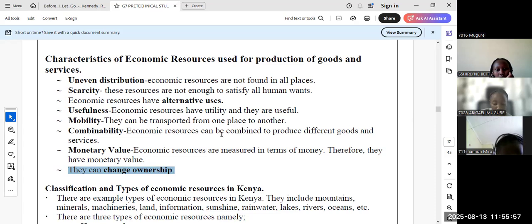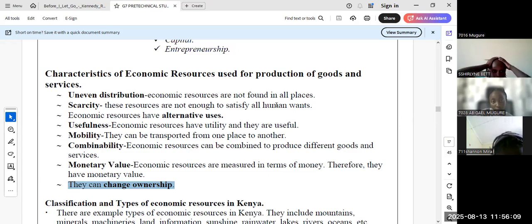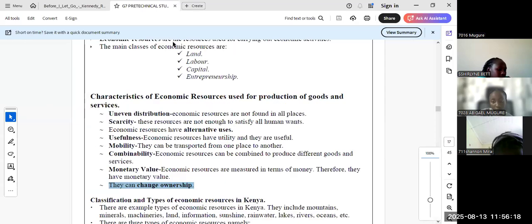Now, let's take 2 minutes to digest the characteristics of economic resources as used for production of goods and services. If you have any question, please let me know. If there is somewhere you are not understanding, please keep me posted so that we can be on the same page. And in the meantime, you should also go back and review the classes of economic resources.